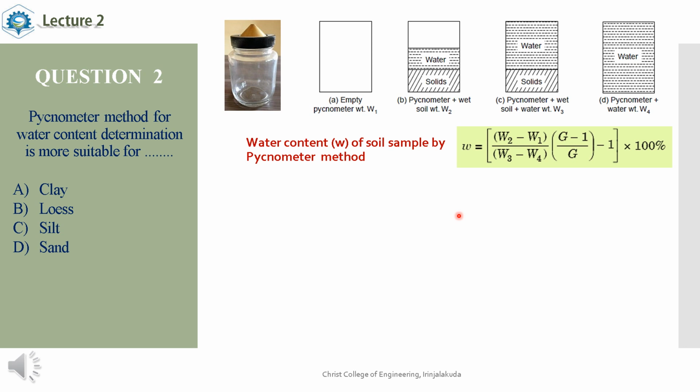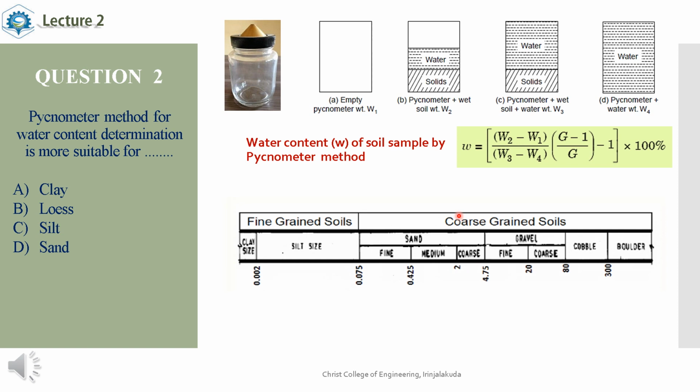Also this method is quite suitable for coarse grained soils, because from coarse grained soils it is easy to remove the entrapped air. So let's see what is a coarse grained soil. Here is a table showing the size range of fine grained and coarse grained soils.